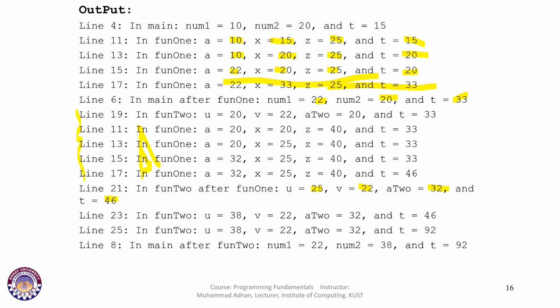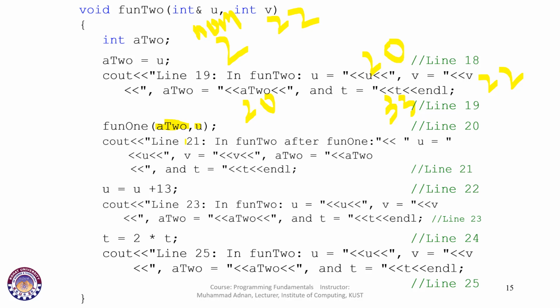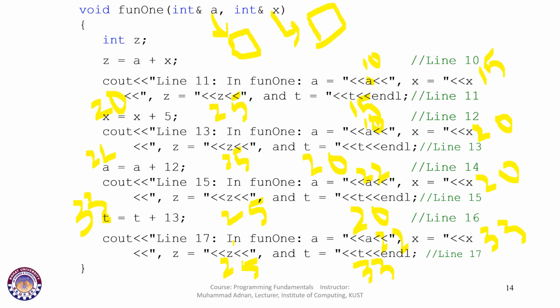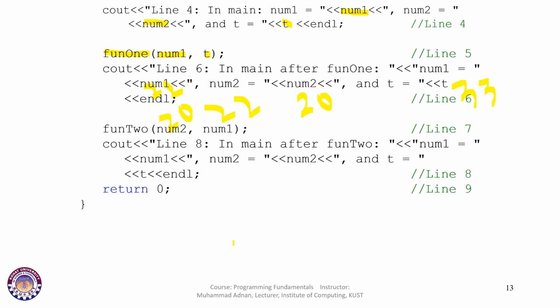So after function 1 is executed, we come back to the function 2 here and we print some values, and then we add 13 to u, and then we print the values, and then we multiply 2 by t and print the values. After that, we move back to the main function and we print in the main after function 2 the value of num1, num2 and t.